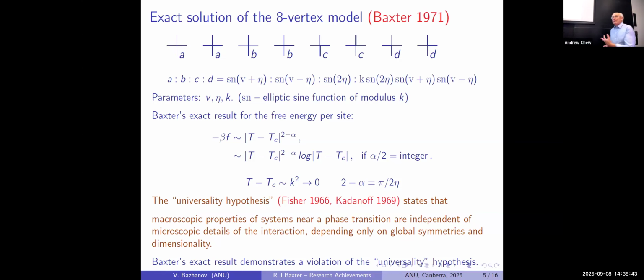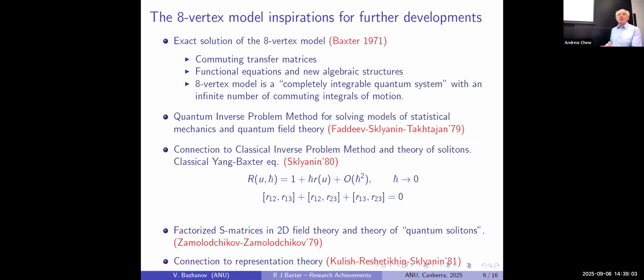Now we understand the violation of universality as due to marginal operators, which I'm not going to explain, but for some period, that was the main consequence of Baxter's work for the community.